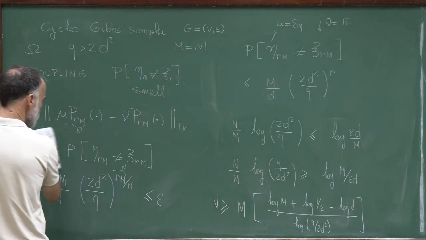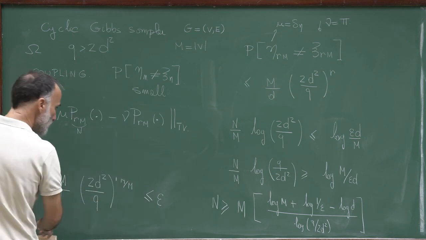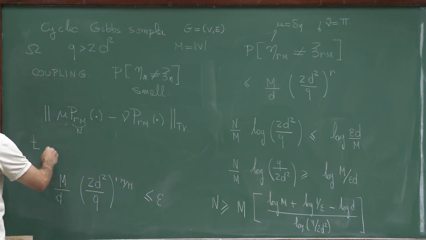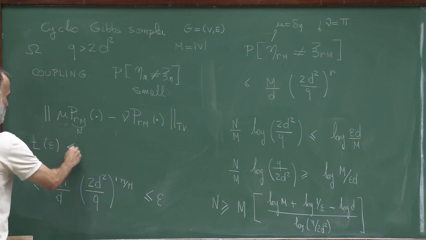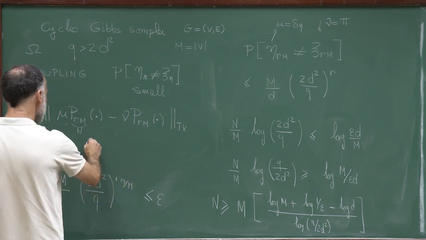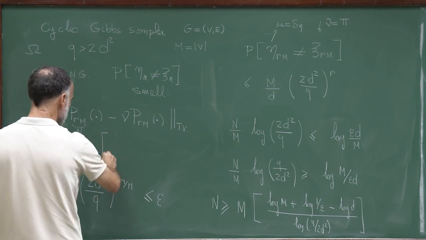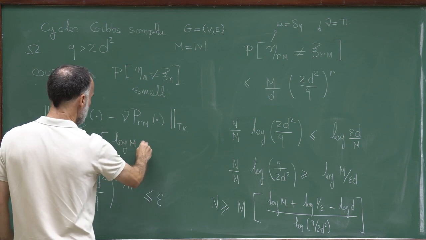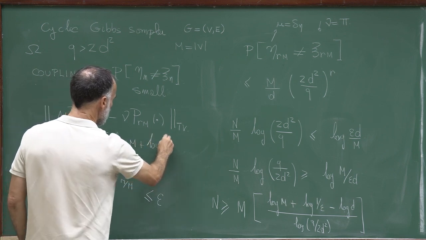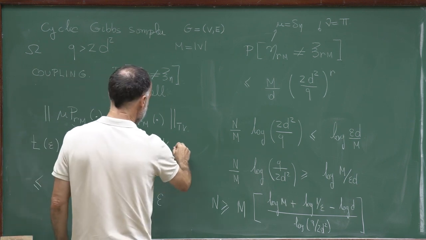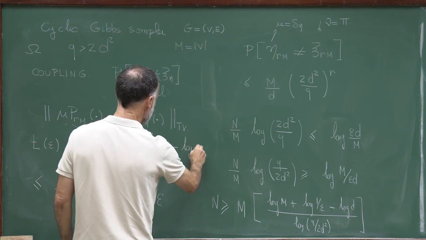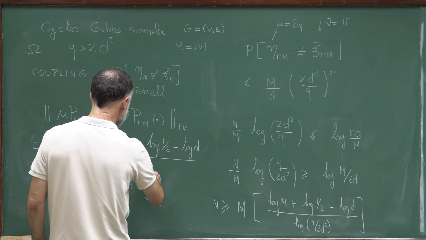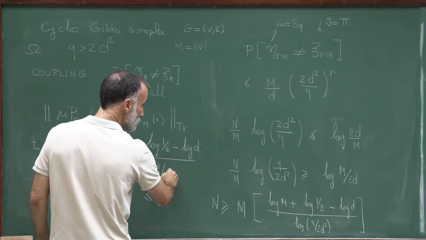let me write it here maybe. So this is telling me that t epsilon is less or equal than this quantity, divided by log q over 2d squared.